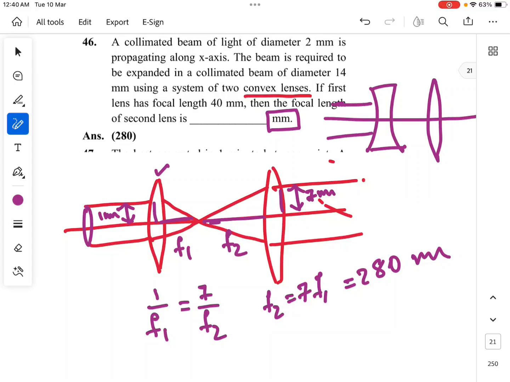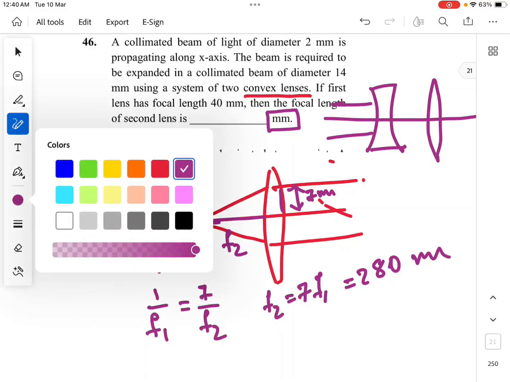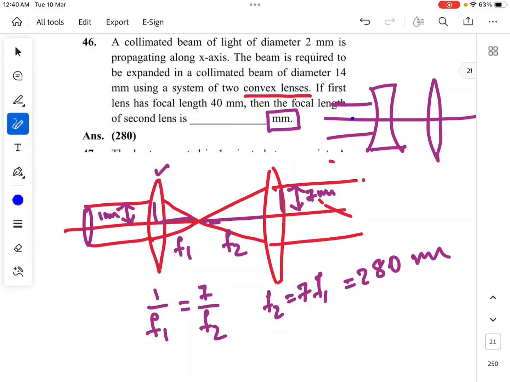Now the ray of light is going like this. The focal length you can consider here. This is the focus of this concave lens, such that it will go like this. After crossing the lens, the rays are going like this, and then it will go parallel.